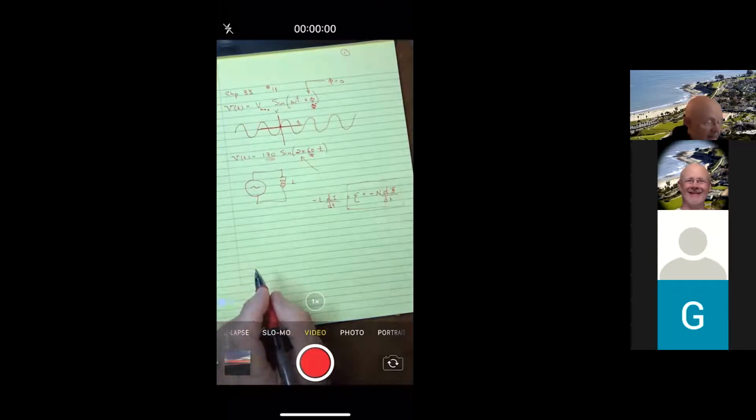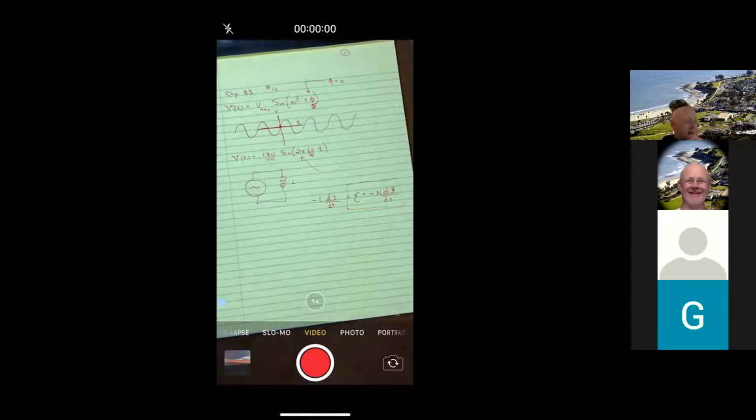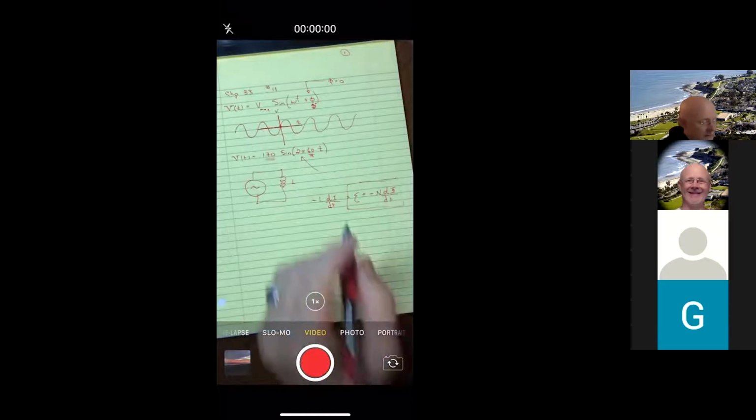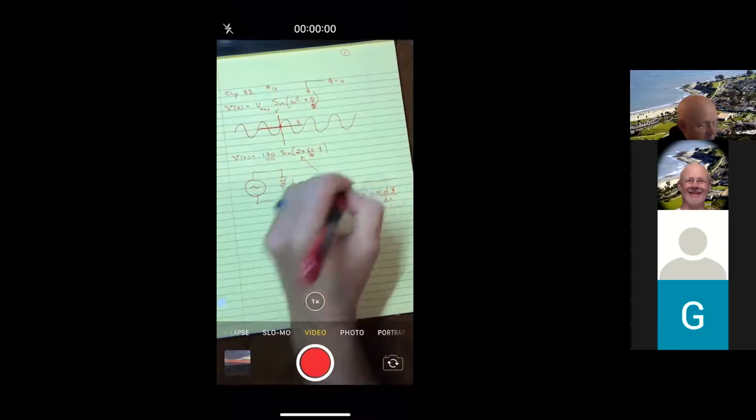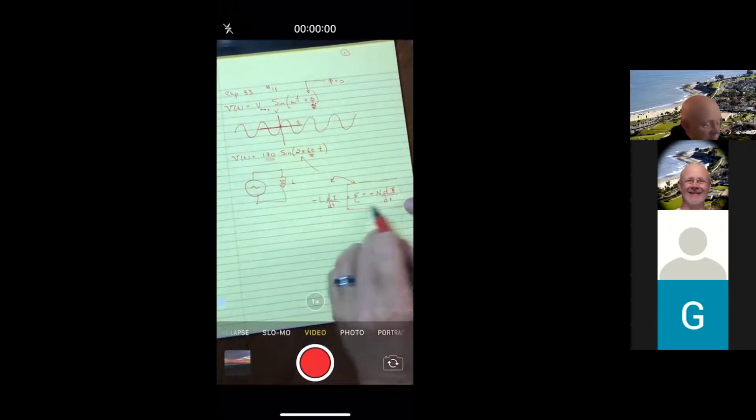Determine the maximum flux. Oh, wait. I think we got to do a little step here and put these two together. See, these each have derivative of time.